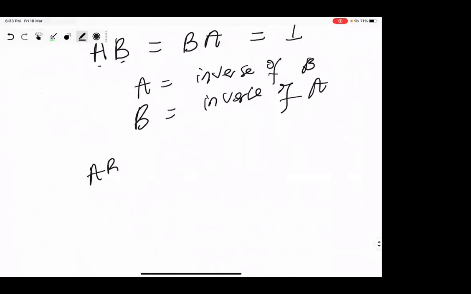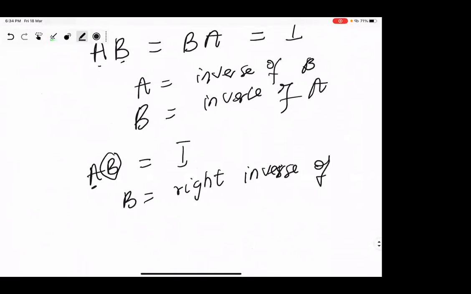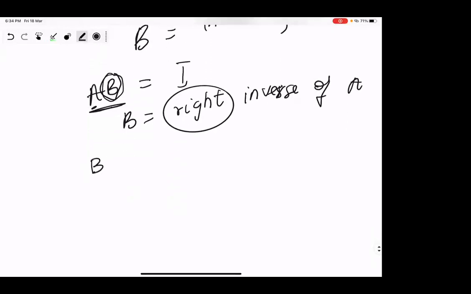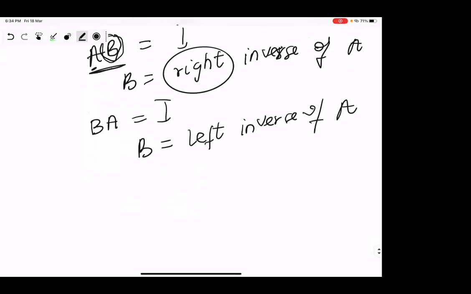Okay, so if I have A times B is equal to I, and B is the inverse of A, then we say that B is the right inverse of A. Where the right here is coming from the fact that B is located on the right-hand side of A. And if B times A is equal to I, then we say that B is the left inverse of A. So if one same matrix B is both the right inverse and the left inverse of A, then we say that B is simply the inverse of A.